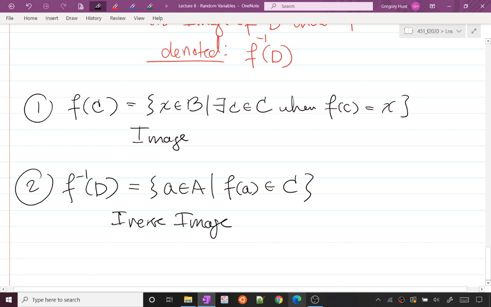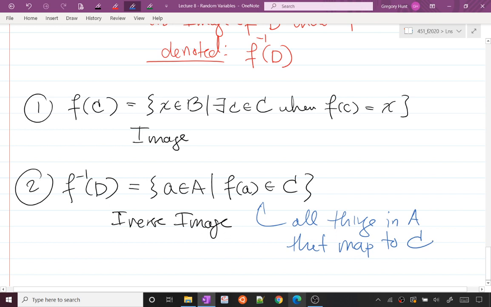It's the collection of all things in A that map into D. And I guess maybe there's a simpler way to write the image. The image is the collection of F of x such that x is in C. Yeah, that's probably a simple way of writing it.